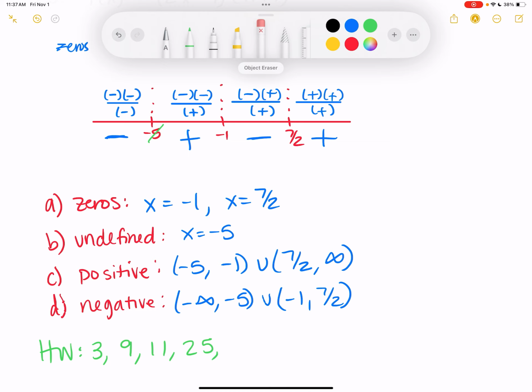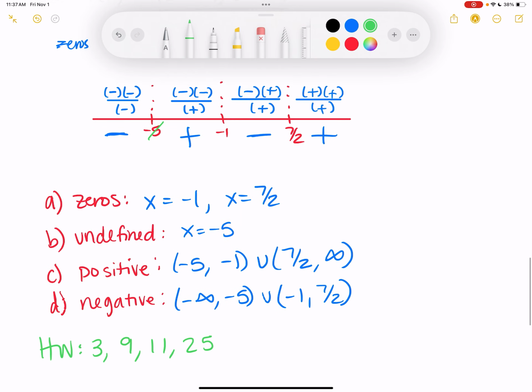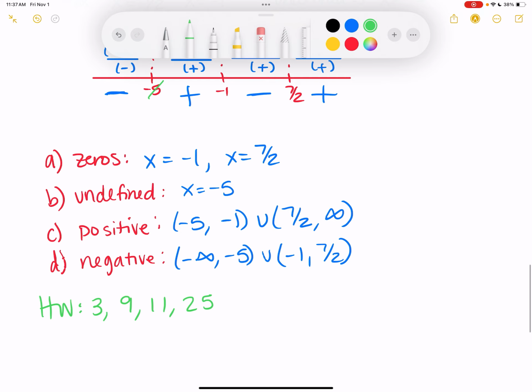Yeah, that's it for now. So do those 3 today, and then I'll add a few more on Monday when we do the inequality ones that look like this. But I want to make sure that we know what we're doing on those before we keep going.